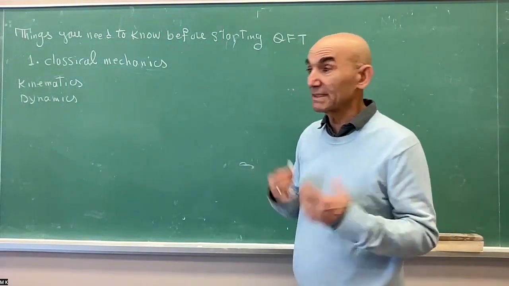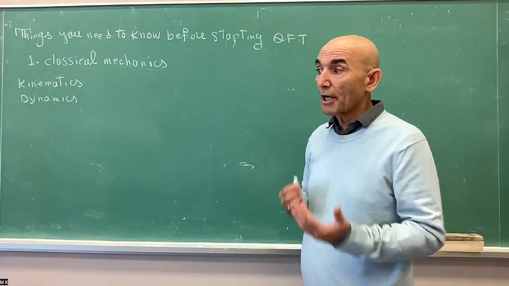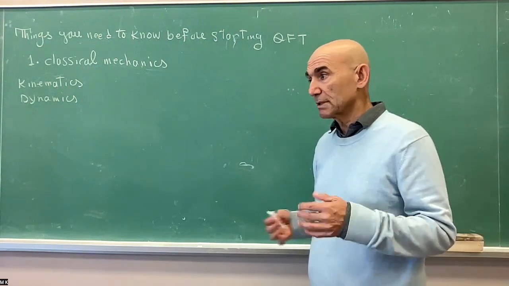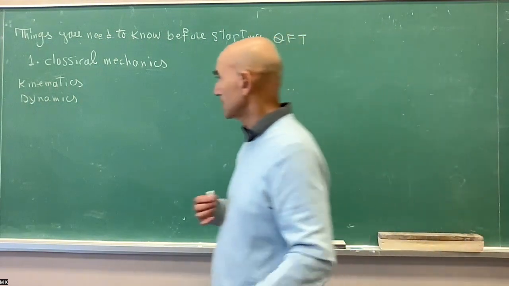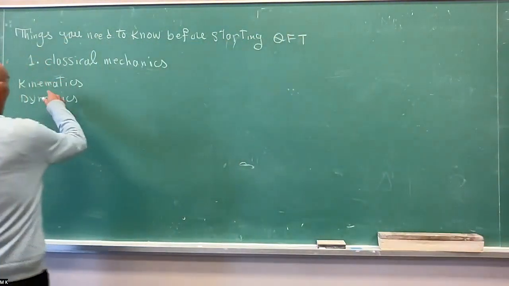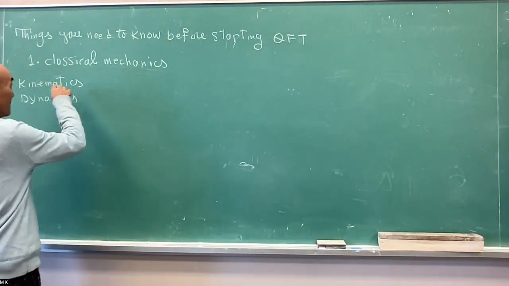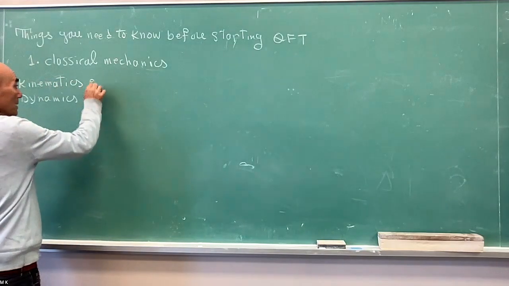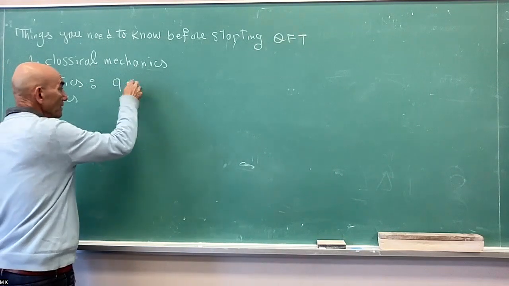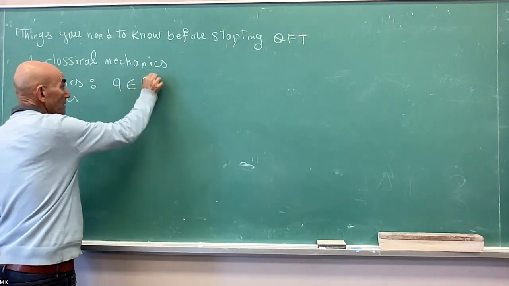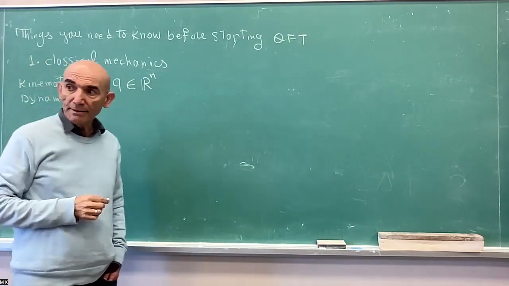With kinematics, the setting and also the kind of mathematical objects, is it particles, fields, or this sort of thing, we discuss. So the kinematics of classical mechanics consists of a point, or points, in n-dimensional space Rn.